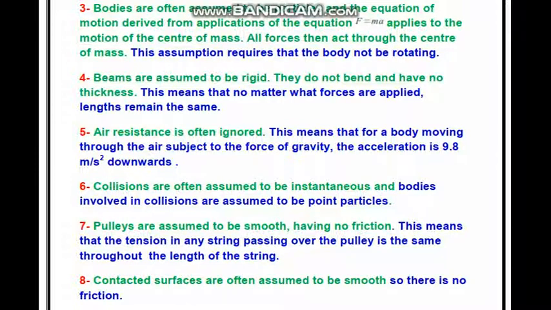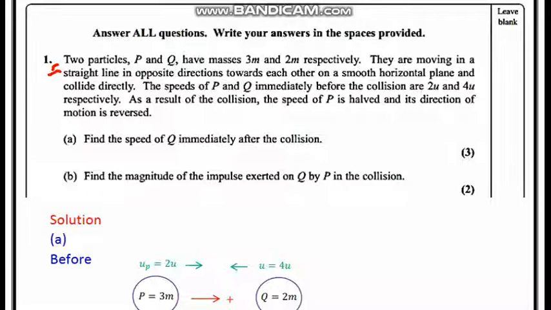Let's start the exam. Two particles P and Q have masses 3m and 2m respectively. They are moving in a straight line in opposite directions towards each other on a smooth horizontal plane and collide directly.